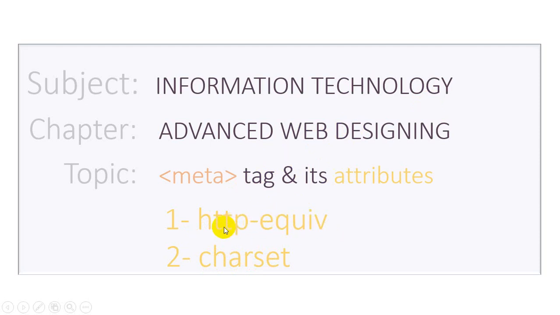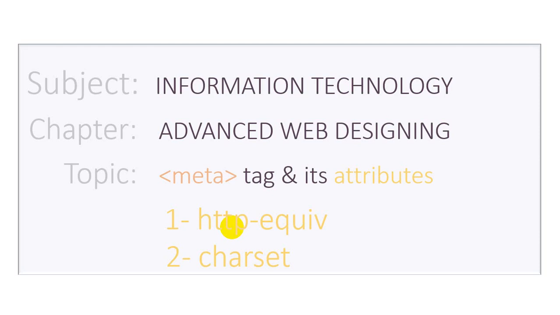HTTP is the full form of Hypertext Transfer Protocol, a protocol which is used to transfer information from your client to server, but here it is working as an attribute. It transfers some information from your page to your server, like in your header it is used to transfer some message, or some information to your server.